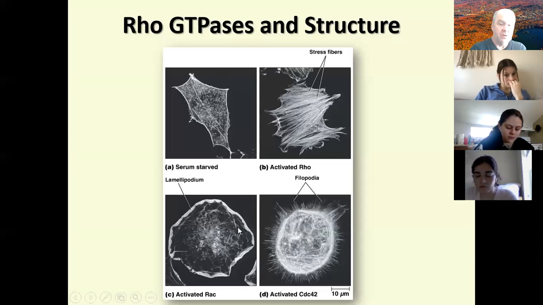The whole cell becomes a lamellipodium. And if we add just CDC42, we get all filopodia. Okay, so this is how they learned that Rho is important for stress fibers, RAC is important for lamellipodia, and CDC42 is important for filopodia.